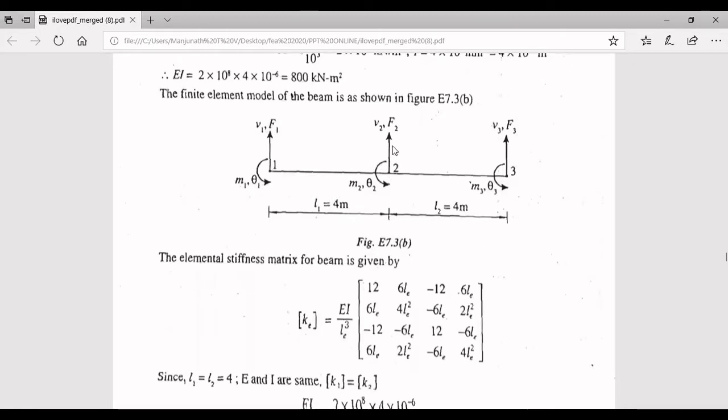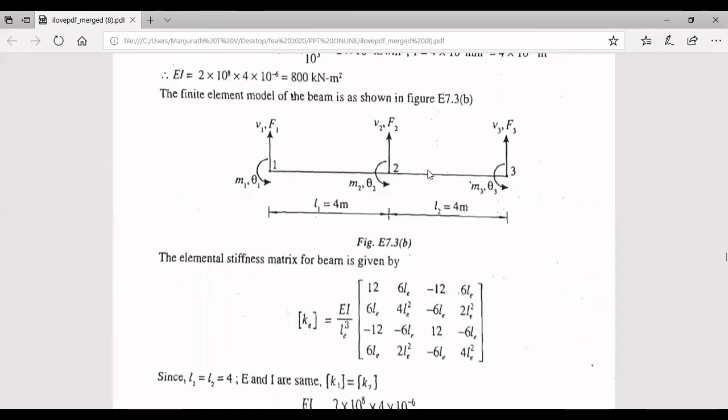Similarly, at node number 2, the vertical force is F2, the moment is M2, and the possible displacements are V2 and theta 2. Similarly, at node number 3, F3, M3, V3, theta 3. For both elements the length is the same, L1 equal to 4 meter and L2 equal to 4 meter.